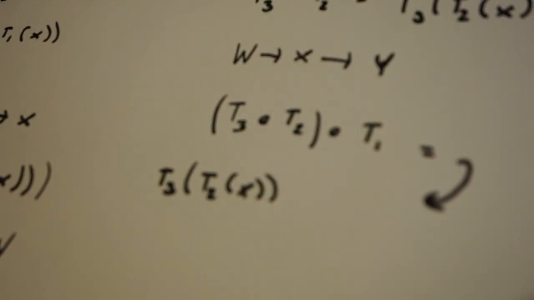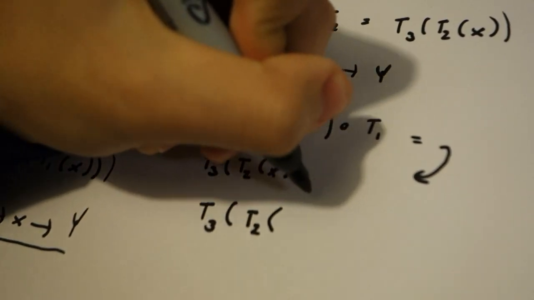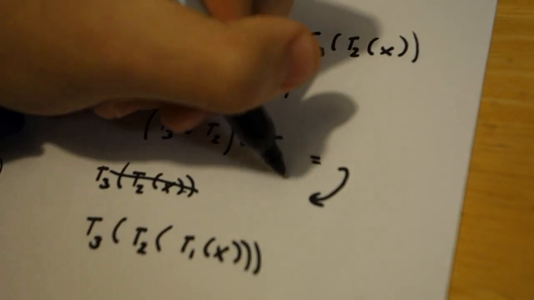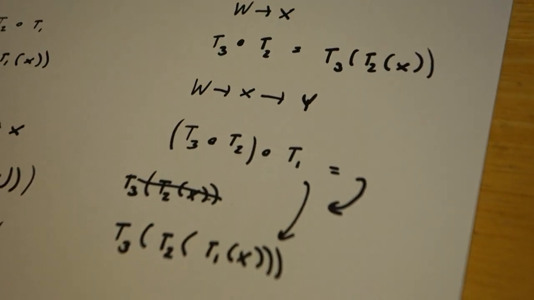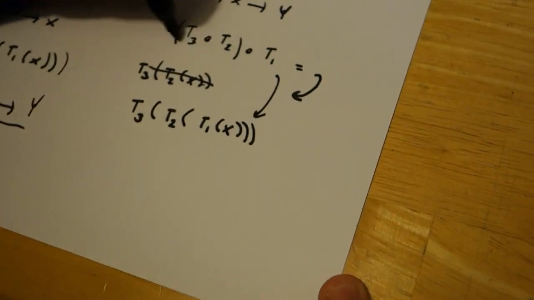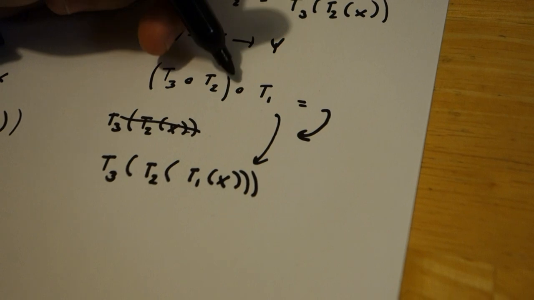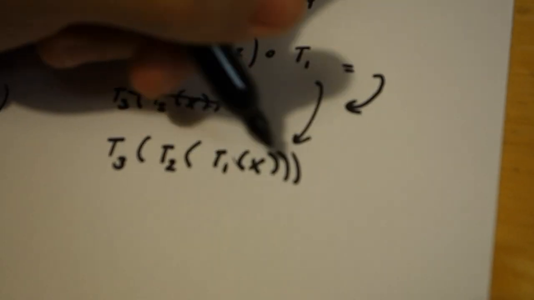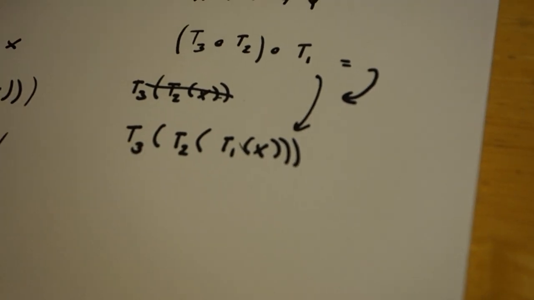But that's the thing, because T1 is on the right side of the composite function, I actually did this incorrectly. So this is going to be equivalent to this. Because T1 is on the right side of the composite function, and you're compositing these two first because they're in parentheses, T1 is going to be the innermost function.